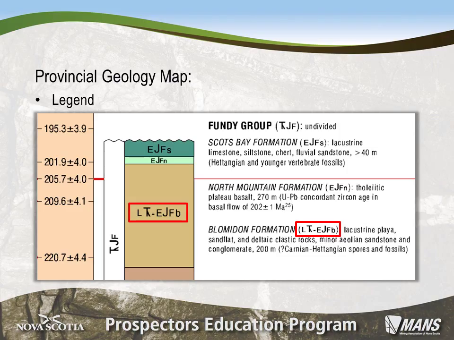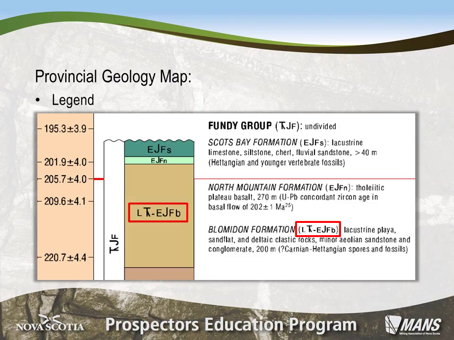The symbol tells us the age or age range by epoch and period, the group or complex, and the formation or rock type. So here, the LT and EJ stand for late Triassic to the early Jurassic, the F represents the Fundy group, and the B stands for the Blomidon Formation. All geological maps have a legend to describe units in the geology map.